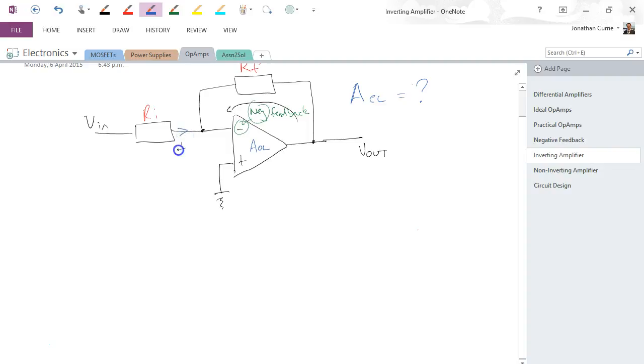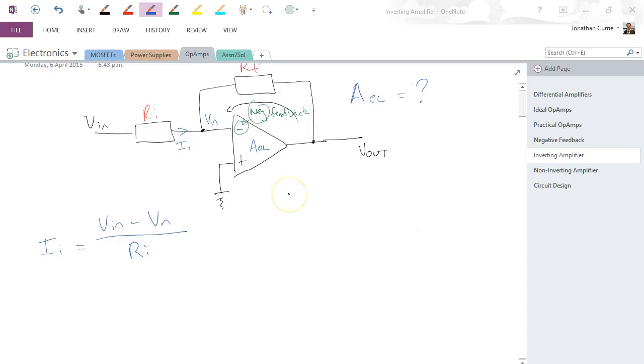The current through the input resistor, II, will be equal to the voltage in, and I'm going to call this node Vn, the voltage at the inverting terminal. So Vin minus Vn, the voltage drop across this resistor, divided by the value of that resistor, RI, will give us the current through it.